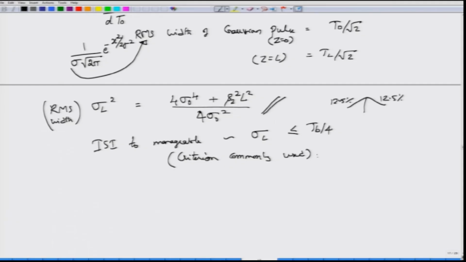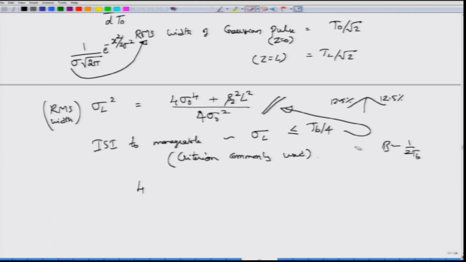So, you have a 25% pulse spreading allowed, and if you substitute that condition onto this one and rearrange the equation, what you get, and remember also that TB is inversely proportional to B as 1 by 2 TB, therefore TB is given by 1 by 2B. Okay.